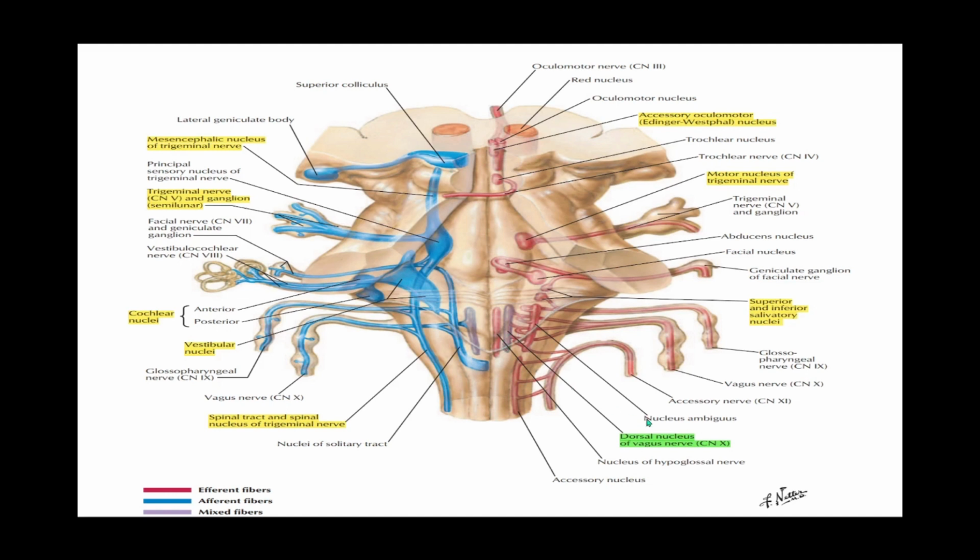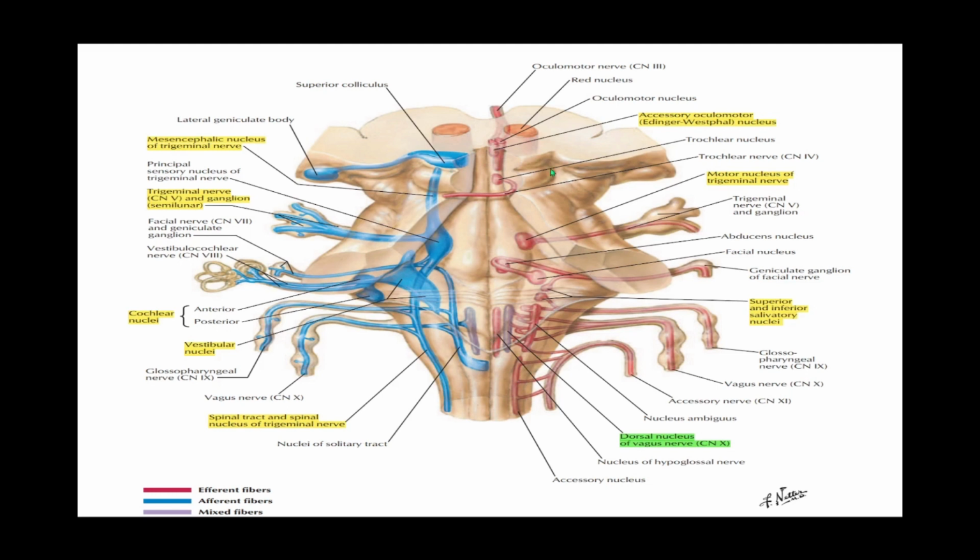This is the dorsal nucleus of the vagus nerve. So you see the vagal nuclei are in the medulla. The nucleus of the hypoglossal nerve is in the medulla. So this is 10 and this is 11, accessory nuclei, also in the medulla and the spinal cord, because you have the spinal roots of the accessory nerve and the medullary roots of the accessory nerve.